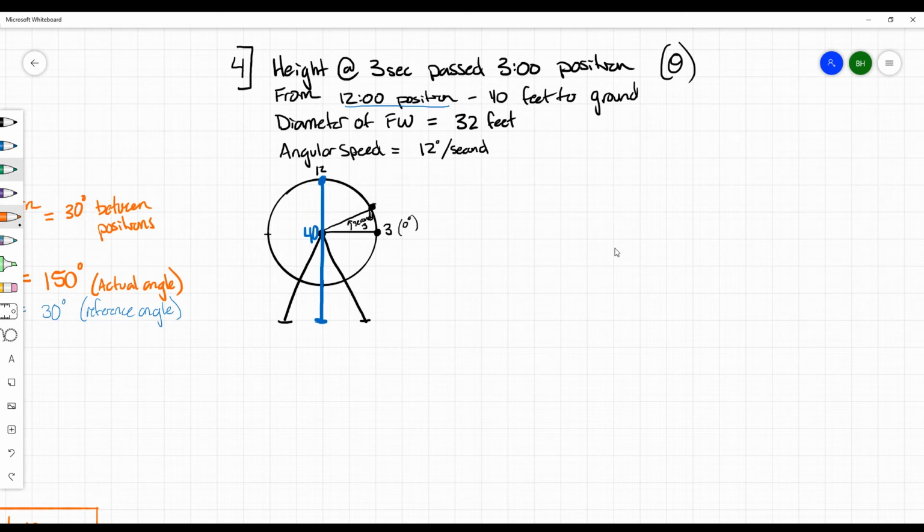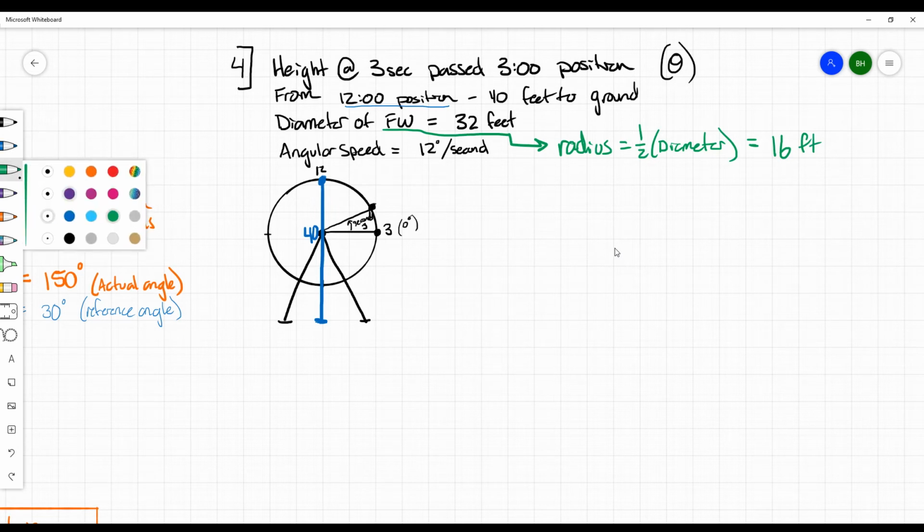And then finally, we're given the diameter of the Ferris wheel is 32 feet. Well, we know that the radius is 1/2 of the diameter, so 1/2 of 32 feet is 16 feet. So the radius value for this specific Ferris wheel is going to be 16 feet.